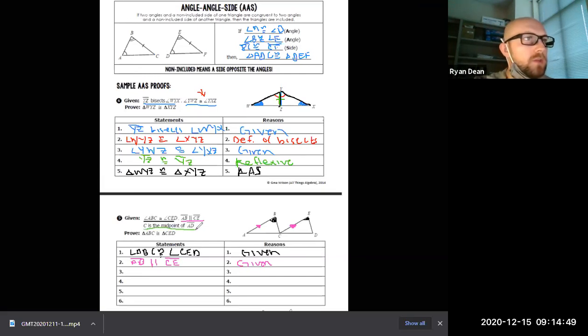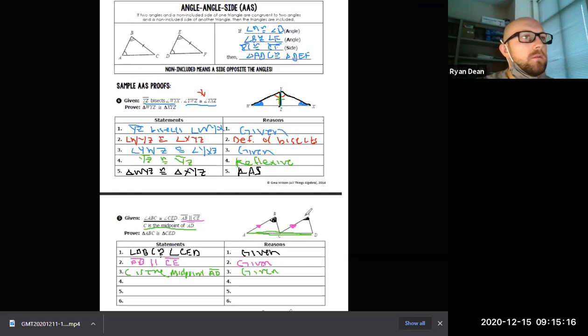All right, for the third given statement, we have that C is the midpoint of AD. C is the midpoint of AD. So that's given. Here's AD. Okay, I'm going to do the whole thing in green.